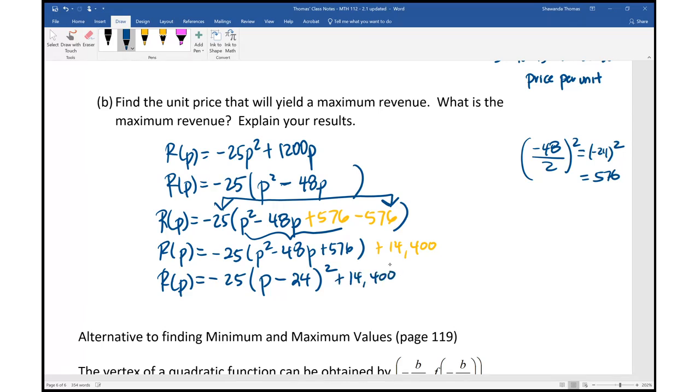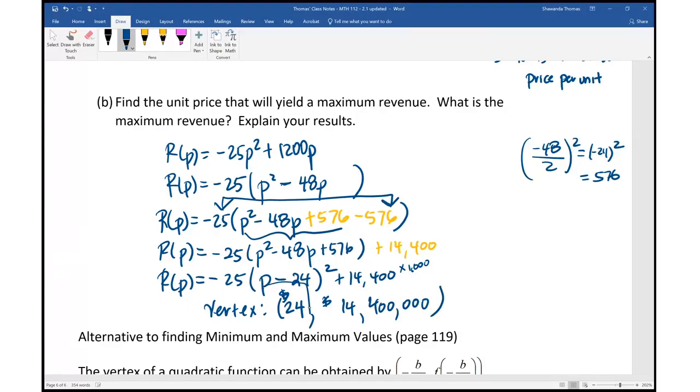And again, we have to know that yes, this is our H right here. This is our K. However, we need to multiply that times 1,000 for the revenue part. So our vertex is, let's sell this video game at $24, and it's going to give us a maximum of $14,400,000.